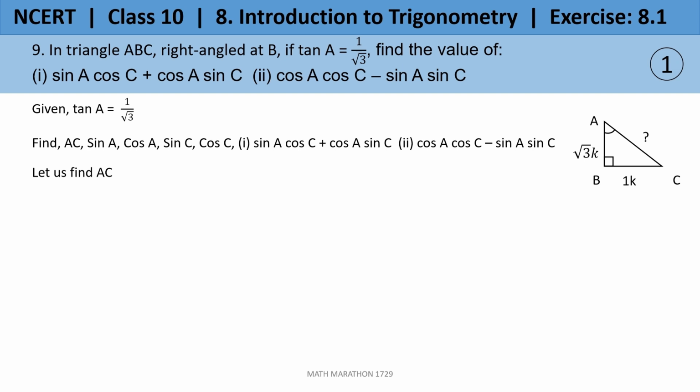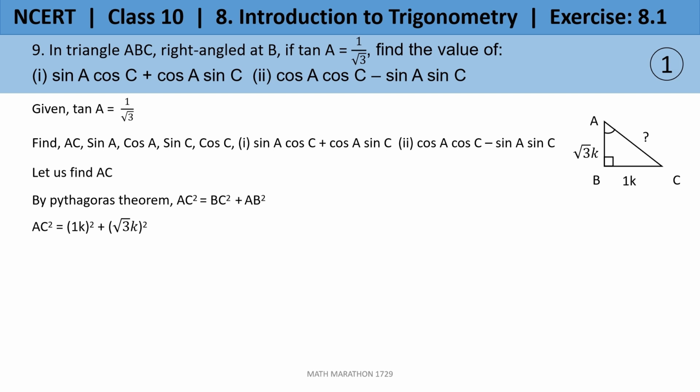First, let us find AC. We can use Pythagoras theorem. In a right-angled triangle, the hypotenuse square is equal to the sum of squares of the other two sides. So, AC square is equal to BC square plus AB square.